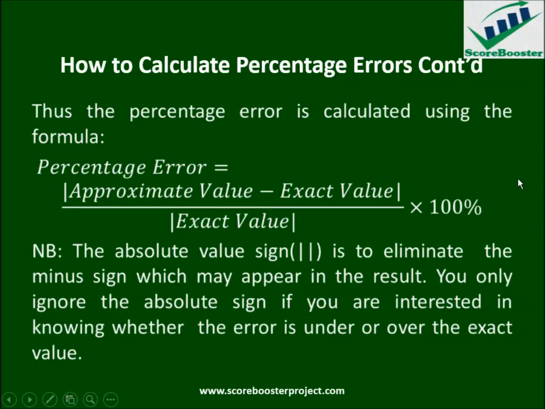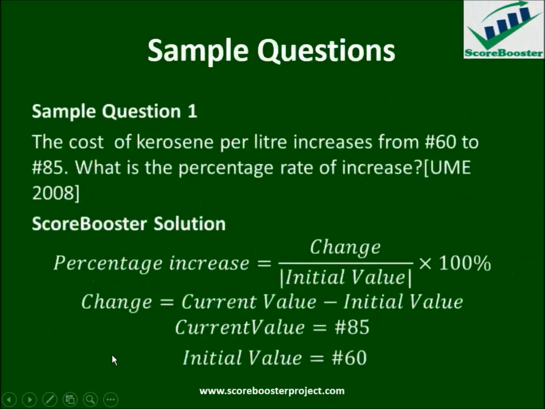If the percentage errors are just stated without positive or negative signs, that means you leave the absolute value here. But if you observe that there are positive or negative signs in your options, then you have to ignore the absolute signs. So that's how to make use of the absolute sign in solving problems related to percentage errors.